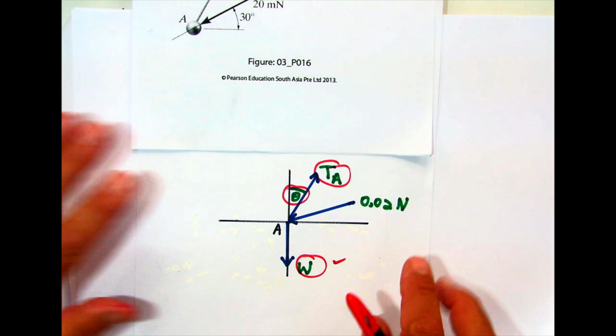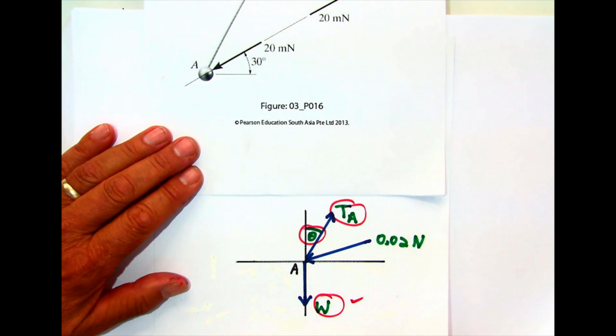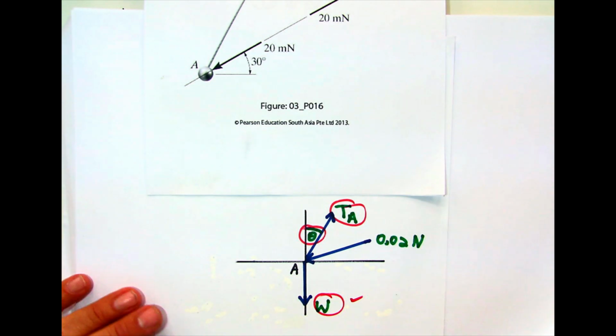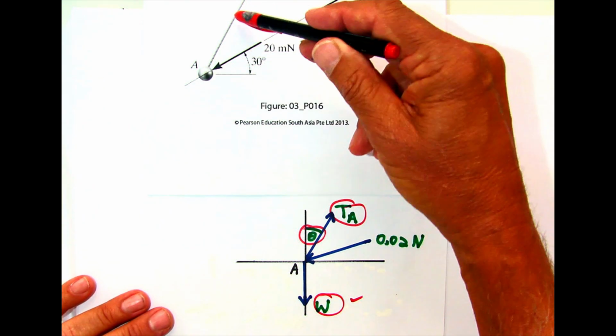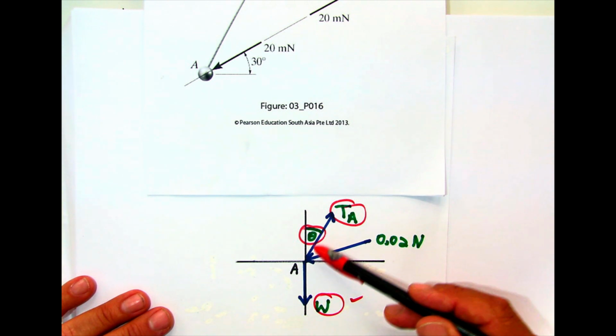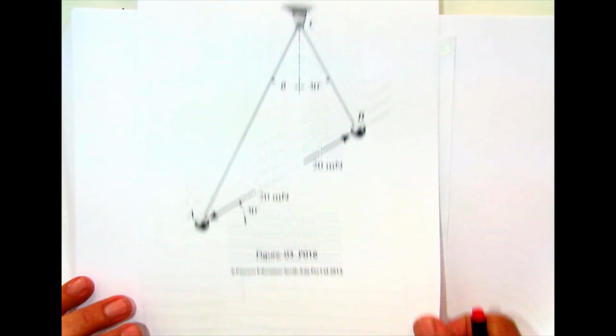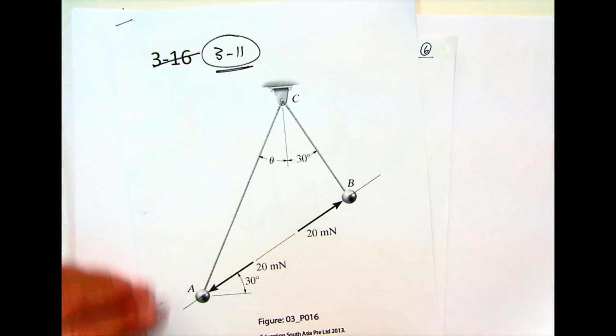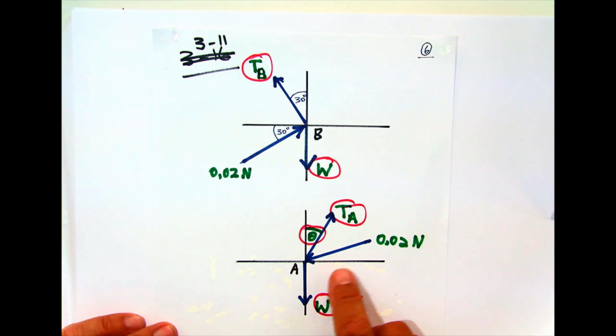So on A, you have that same force between A and B, 0.02. You have an unknown force here, TA, and you have a weight. Okay, there's also an unknown angle there. That angle there is going to be the same as the angle here with the vertical. So this is your picture. Those are the forces. You have the weight.